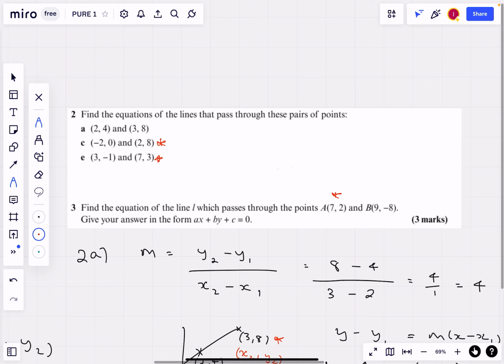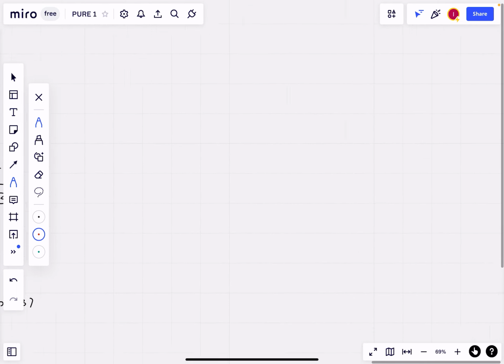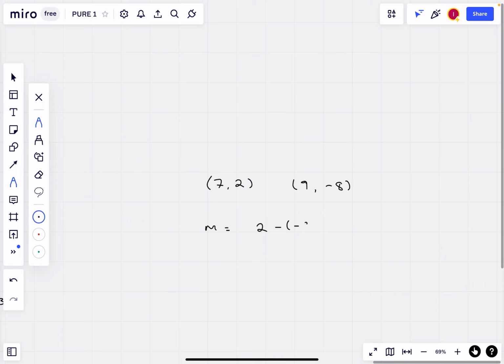So you can label that as your x2, y2. So we've got 7, 2. We've got 9, minus 8. So m equals 2 minus minus 8 over 7 minus 9. So 10 over minus 2, so minus 5.